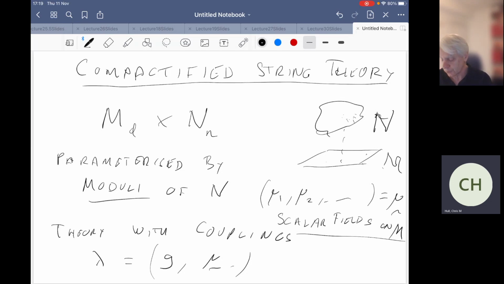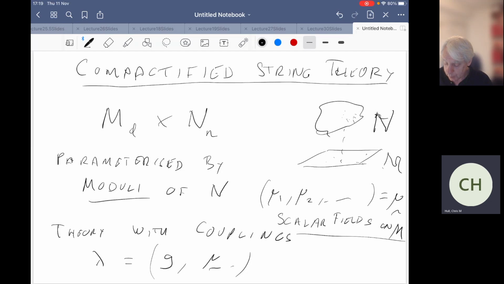G is related to the dilaton. The mu will give rise to fields down here. So for example, if n was a circle, the radius of the circle is given by the component of the metric in that direction, and that metric could be a function of the coordinates on M, and so that would give rise to a scalar field.